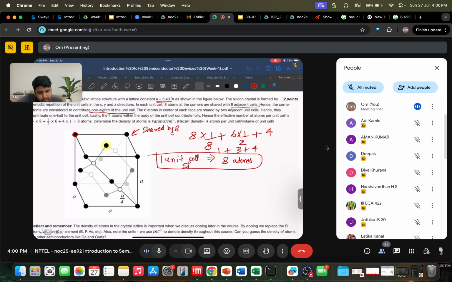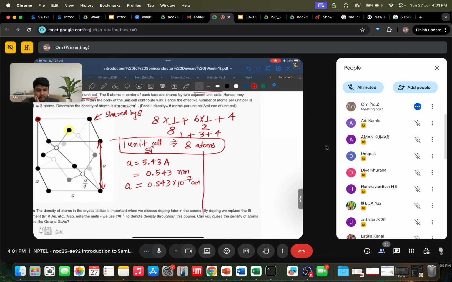Okay, now the question is to determine the density of atoms, the number of atoms per centimeter cube. So we know the length of the unit cell A is 5.43 angstrom, or you can write it as 0.543 nanometer, and in centimeter it will be 0.543 into 10 to the minus 7 centimeter, and the volume of the unit cell will be A cube, right?